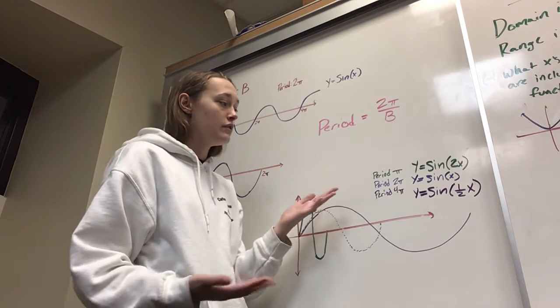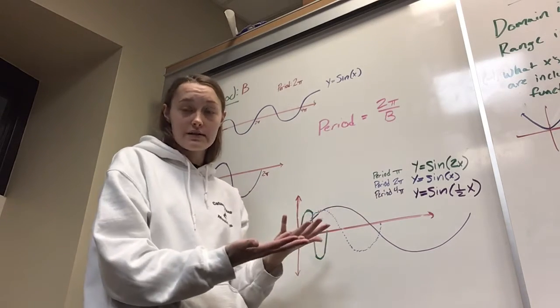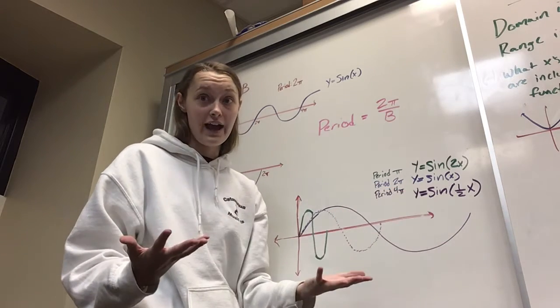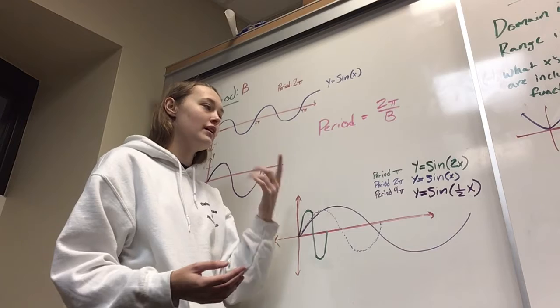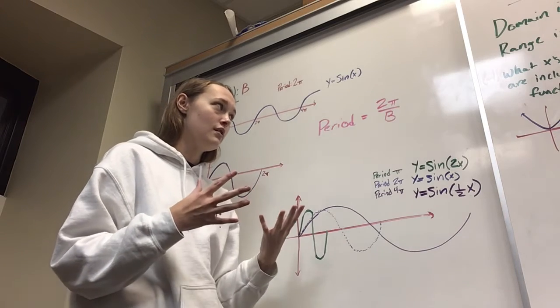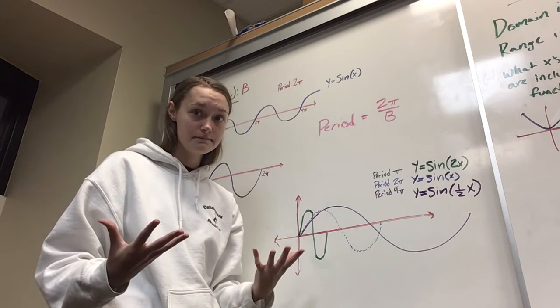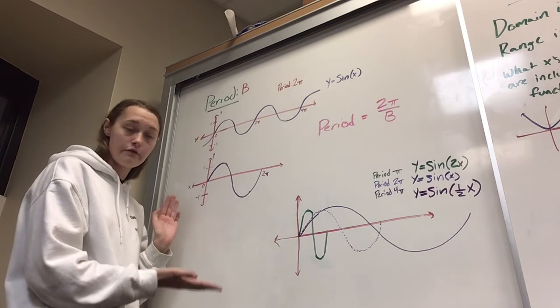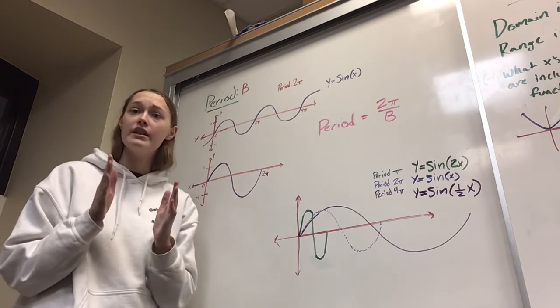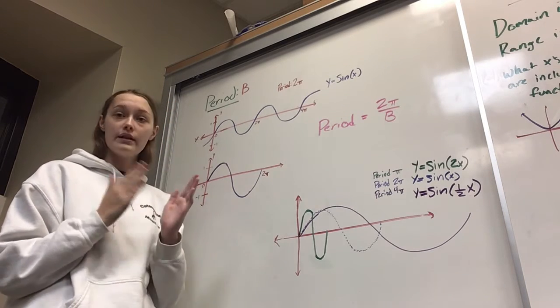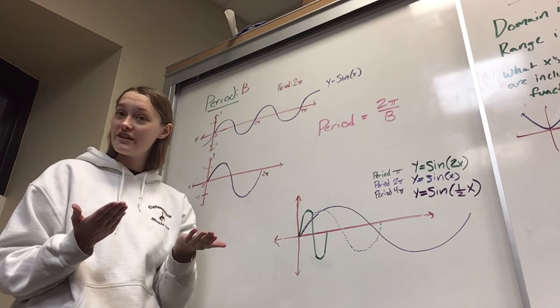The normal period, 2 pi, is just y equals sine x, and period 4 pi would be y equals sine of 1/2 x, because 2 pi divided by 1/2 would give us 4 pi. So that's the basics of periods of a graph. It's just the section that repeats over and over is one period. And let's move on to phase shifts.